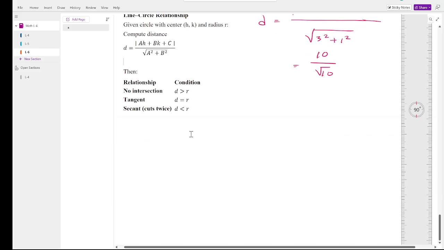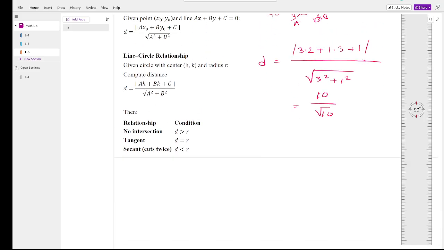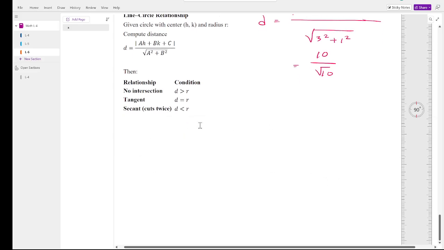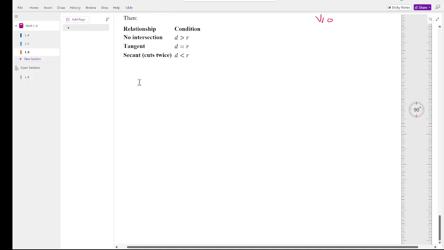Now we check an example for line circle relationship. Determine the intersection type.